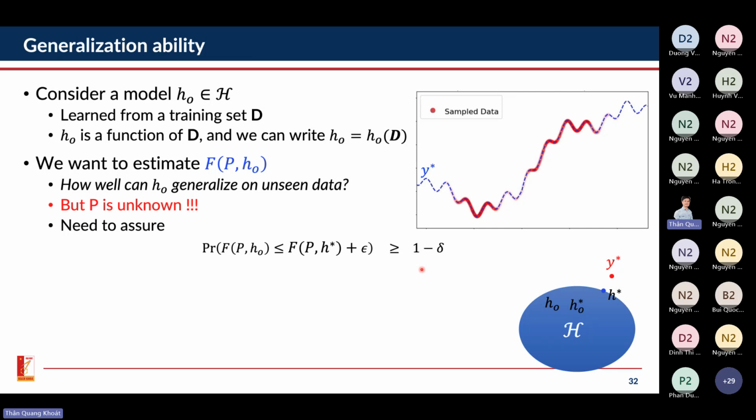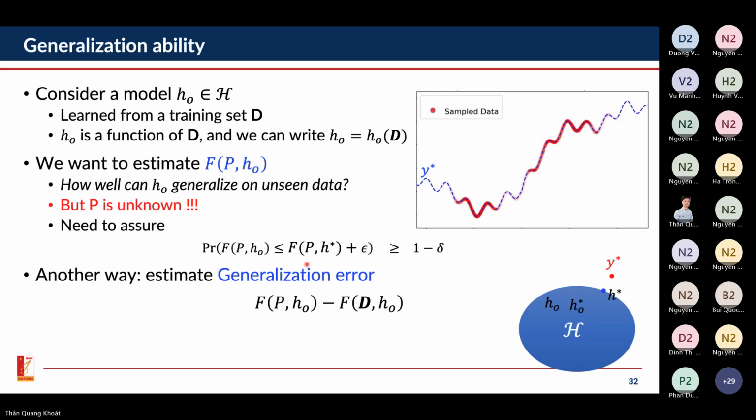We need to ensure that the test error of the trained model should not be far from the best model, right? Another way to analyze generalization is to consider the difference between two quantities: one is the training error, and the other is the test error, the population error. Or another way is we just focus on the population error directly.